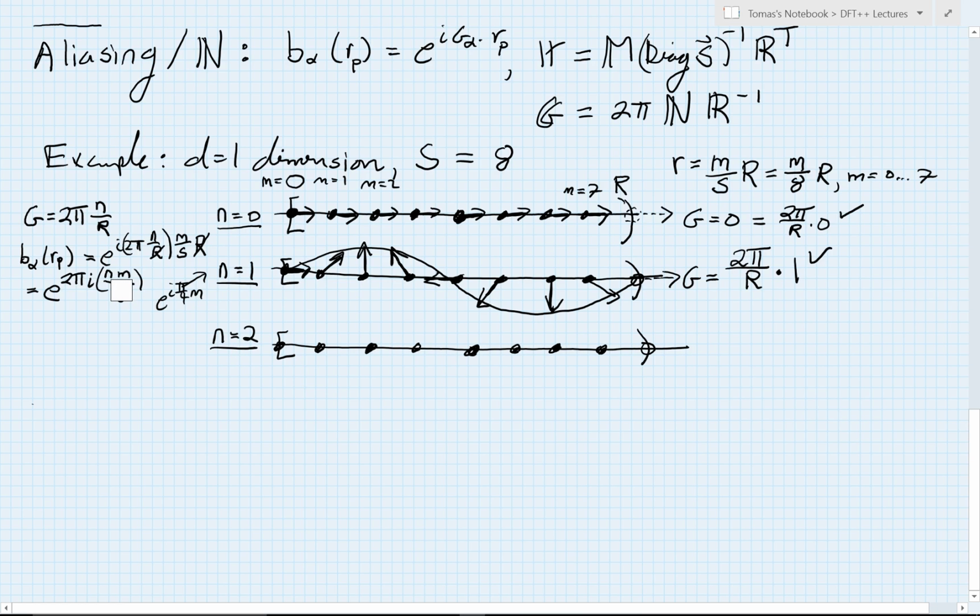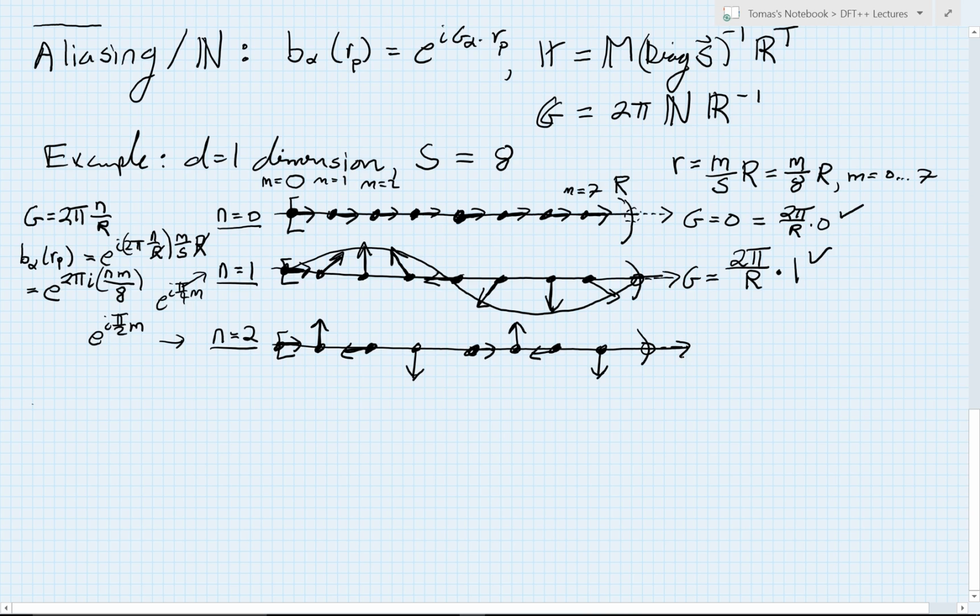When I insert n equals 2, I have 4 pi on 8, or pi over 2. So the exponentials I'm looking at are e to the i pi on 2 times m, which means I'm simply turning 90 degrees, or pi on 2, at each step. So when m equals 0, of course I get 1. Then I turn 90 degrees, another 90 degrees, back, down, forward, up, back, down, and perfectly periodically forward again.